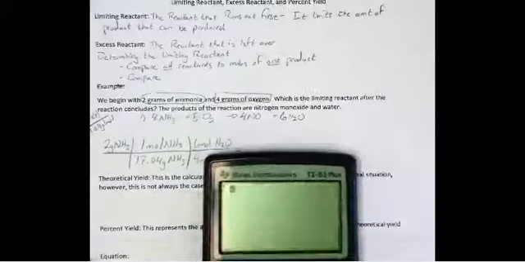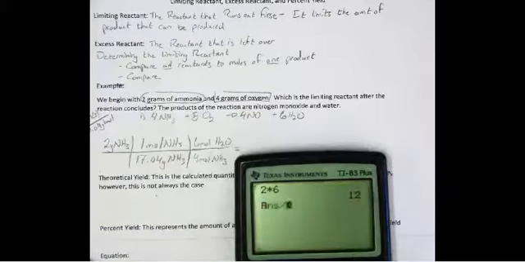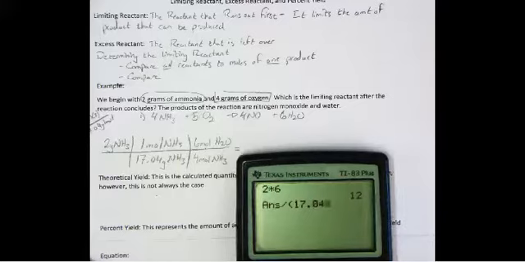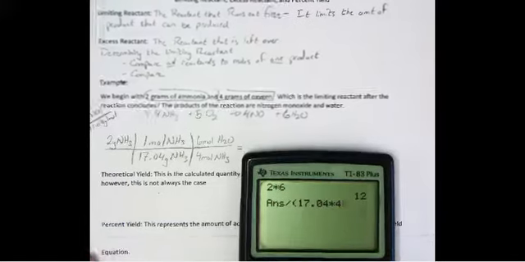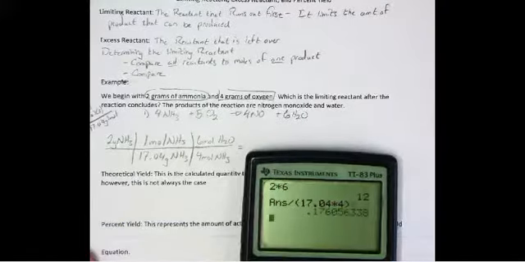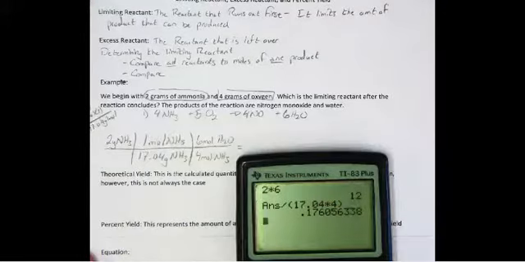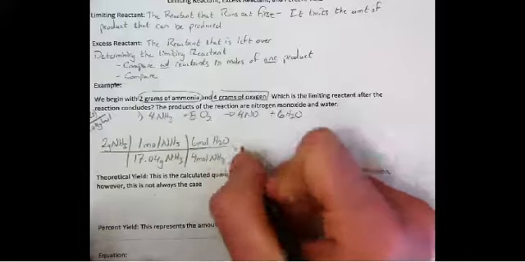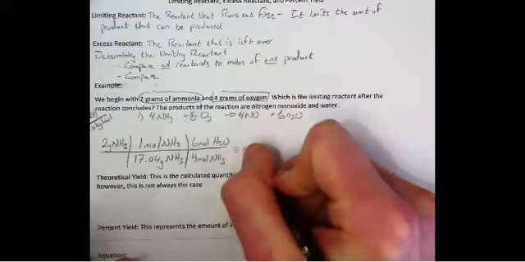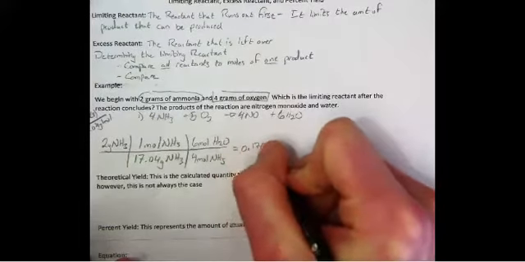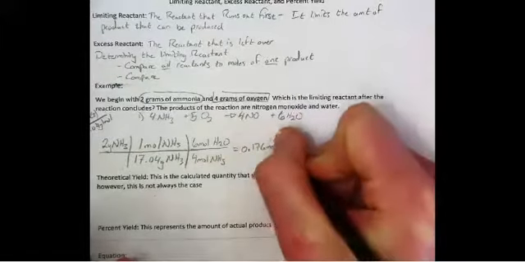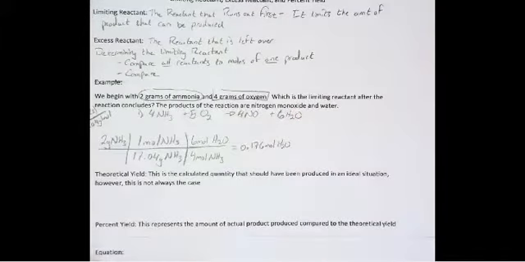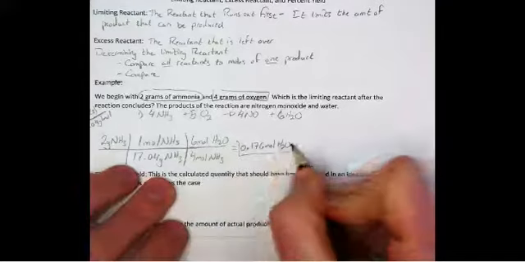All right, pull out our calculator, multiply across the rows, divide. 2 times 6 divided by 17.04 times 4. Notice I put that in parentheses because otherwise the calculator reads it from left to right and will give us an incorrect answer. So that means that the greatest quantity of moles, 0.176 moles of H2O, that we can produce with those 2 grams of NH3 is right here.